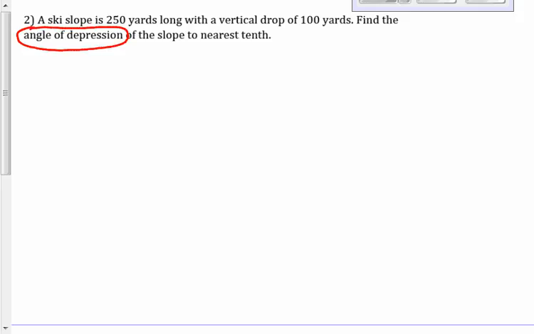So if we think back to our setup, angle of depression, we know we're looking down and our horizontal is at the top. So that also makes our 90-degree angle at the top. It tells us we have a vertical drop of 100 yards. Vertical means up and down. That's like your y-axis on a grid.